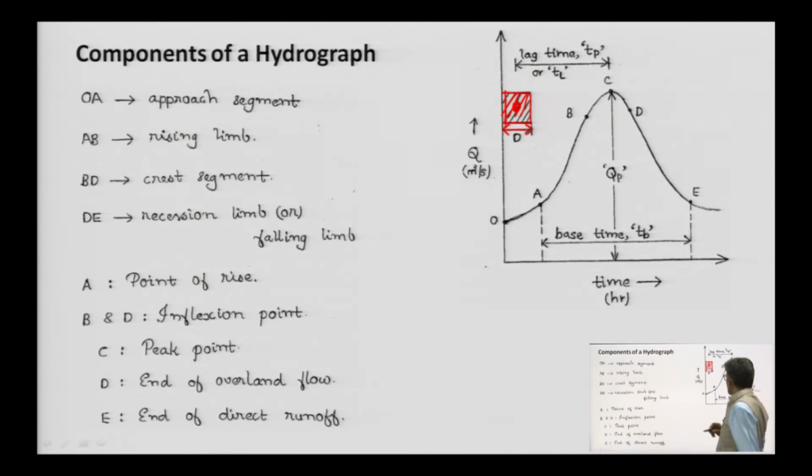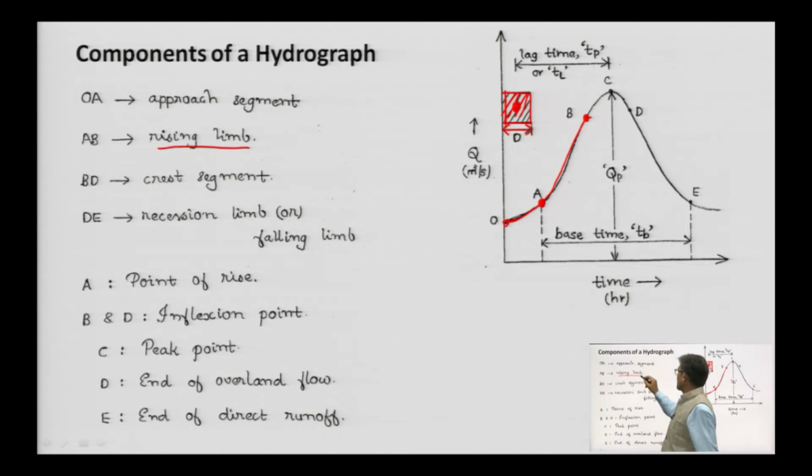At time t equal to 0, some time is required for this precipitation to contribute as runoff. So at this point, say point A, the storm starts taking part as runoff, then from A to B it is rising.